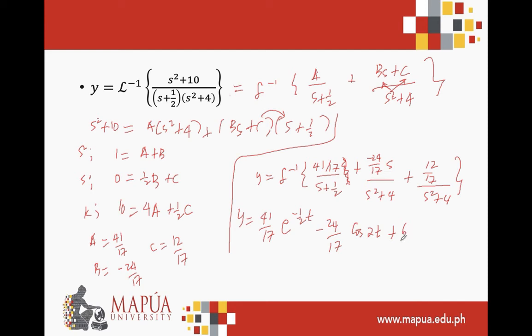So we get 6 over 17 sine of 2t, since 2 over s squared plus 4 is your sine function and 12 divided by 2 is 6. So this is your final solution.